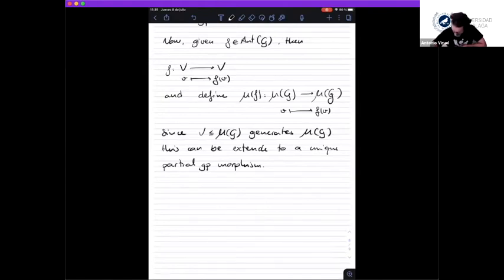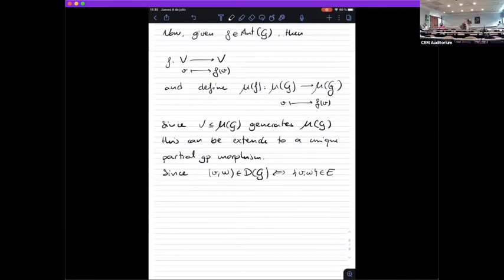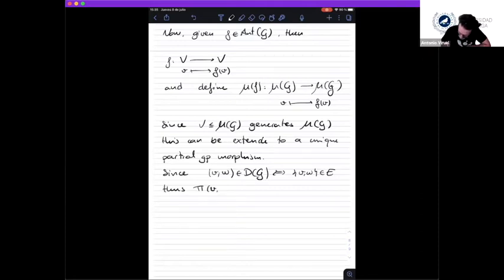And moreover, since (v, w) is an element of D(Γ) if and only if vw is an edge, this path vw is defined if and only if vw is an edge.